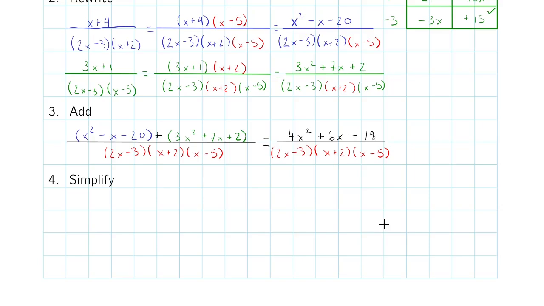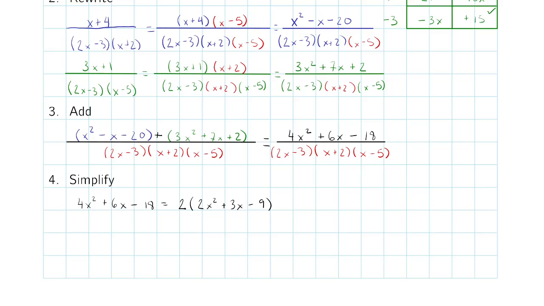So our denominator is already factored. We just need to factor our numerator. We have 4x squared plus 6x minus 18. We can factor out a common 2 and have 2x squared plus 3x minus 9.